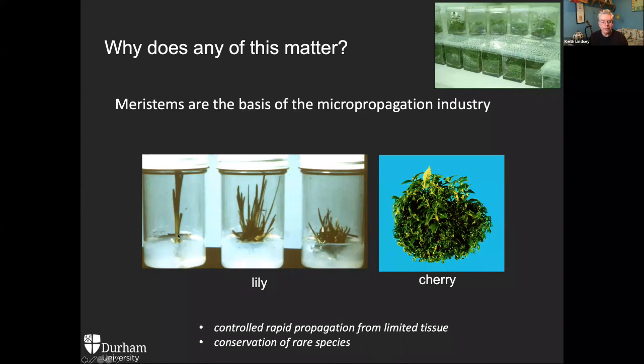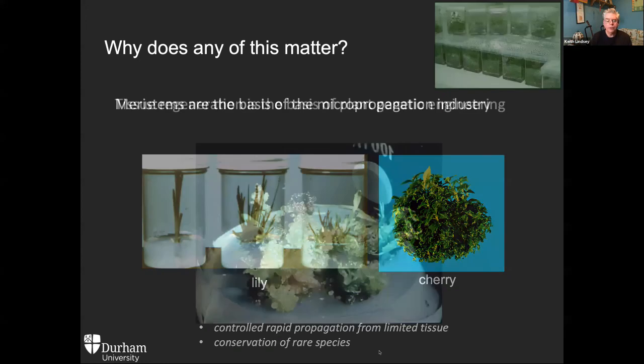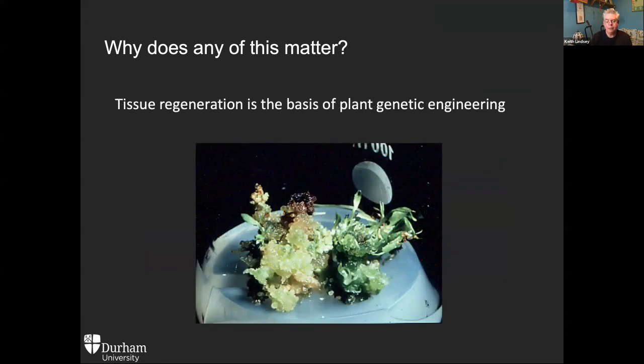You can take a meristem and you can propagate multiple plantlets from that single meristem. So you can get rapid propagation from a limited amount of starting tissue. And like that example of the plant that was rescued from the Siberian permafrost, it provides a way of conservation for rare species.